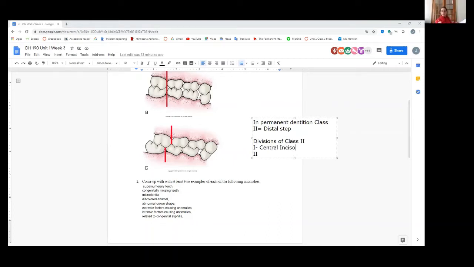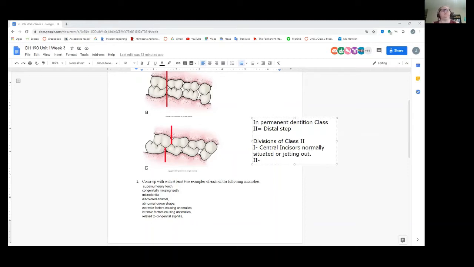Is that when the incisors are normal? Yep, normal, or they could be jetting out. Very good. It could be either.